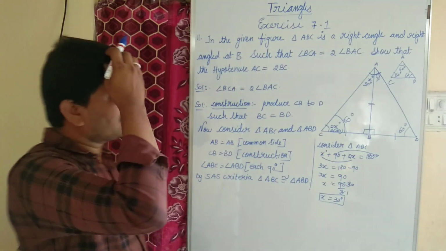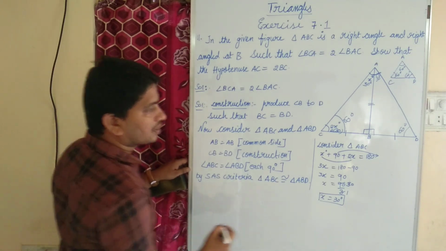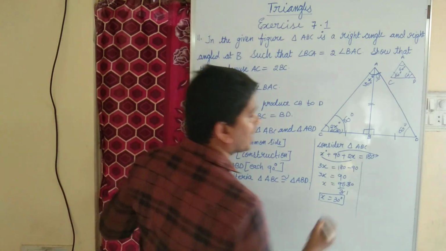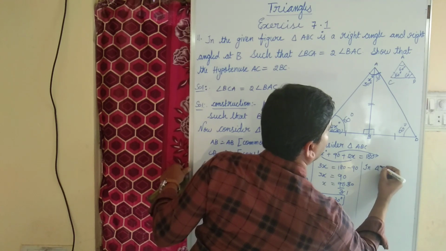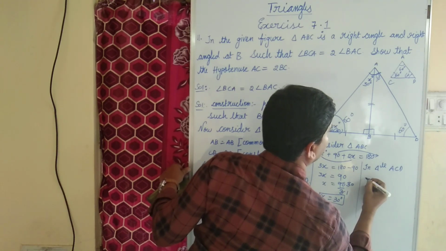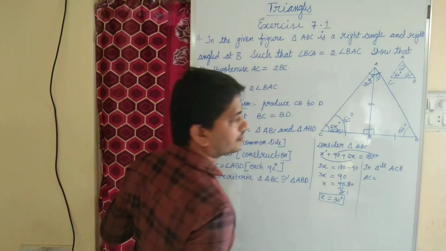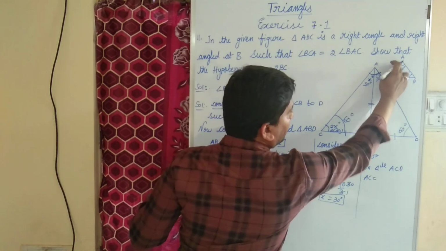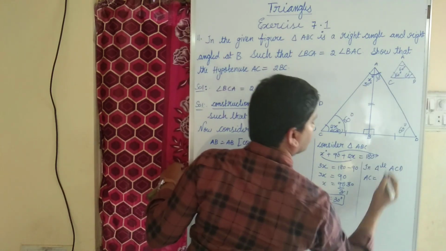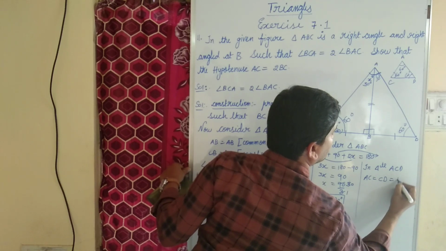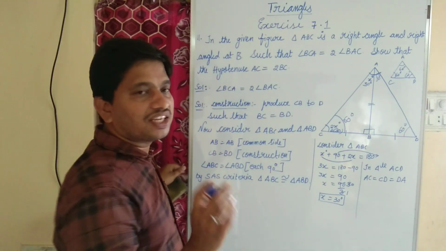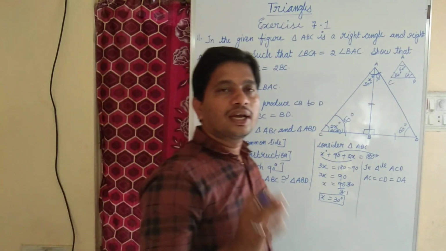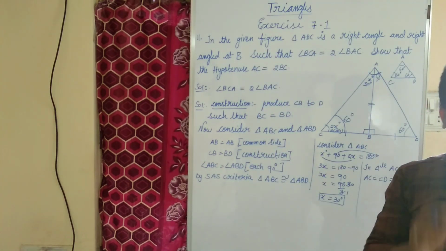That is, in triangle ACD, AC equal to CD equal to DA. Why are the three sides equal? Because ACD is an equilateral triangle.